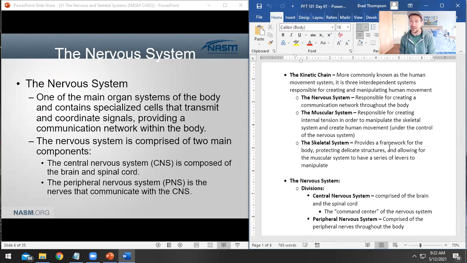It's coordinating signals and interpreting data. Your muscular system is responsible for creating internal tension in order to manipulate your skeletal system and create human movement. So the muscular system is what's moving you around, but it's told how to do that by your nervous system.